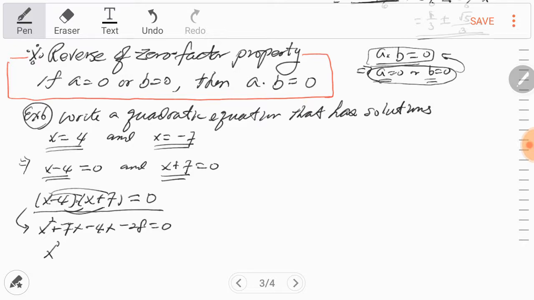So x squared plus 3x minus 28 is equal to 0. So this is the quadratic equation that has the solutions 4 and negative 7. So if the solutions are given, make each solution equal to 0, then we have an expression. Multiply all these expressions, and then set it equal to 0.